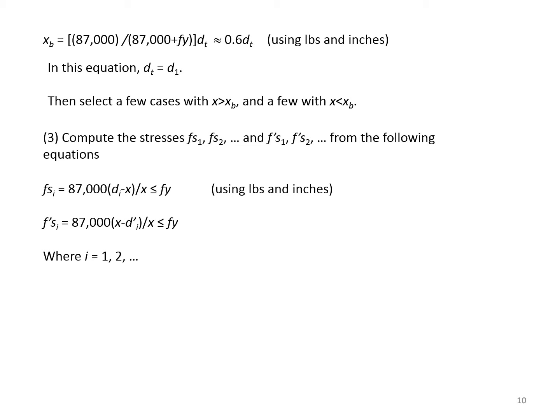Again, we are using pounds and inches. F prime si is equal to 87,000 times x minus d prime i divided by x. And again, the absolute value cannot exceed Fy. And the subscript i is equal to 1, 2, etc.